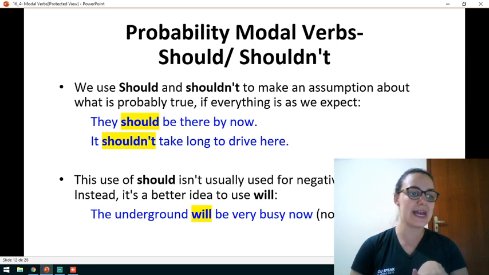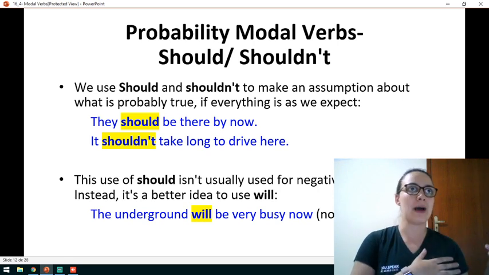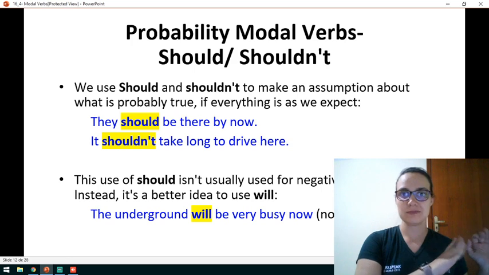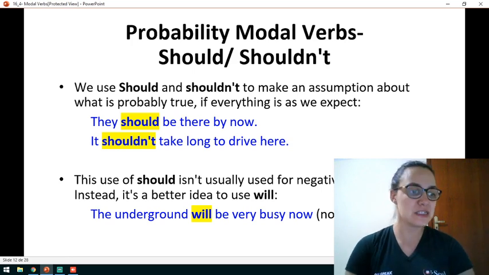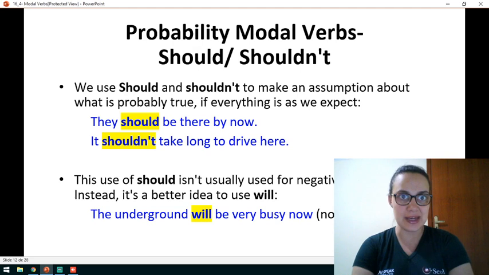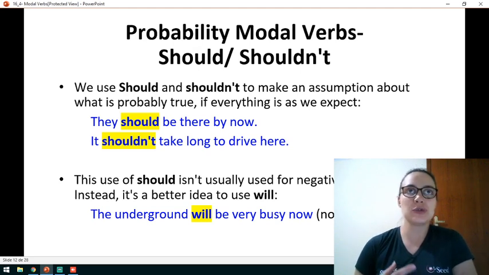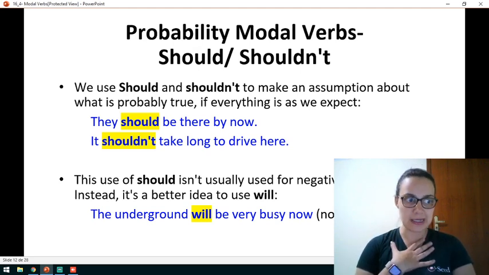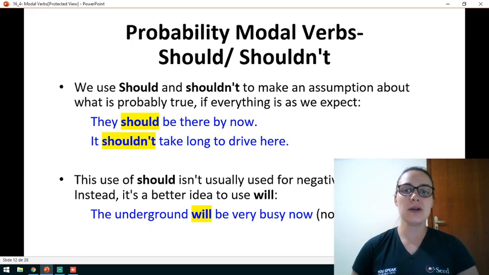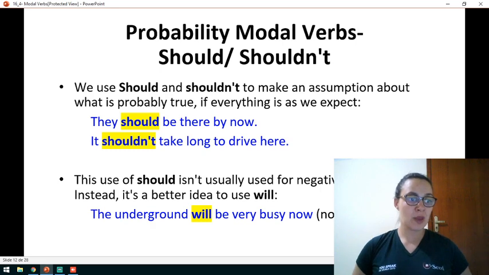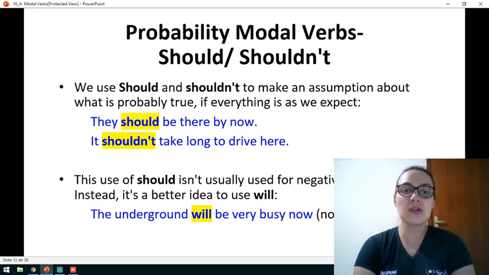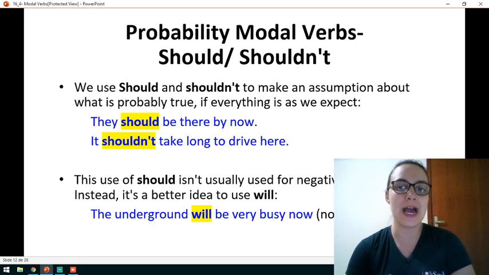Or I can say, I think it might rain tomorrow. But yes, you're correct. You can use I think when you really want to emphasize your opinion with may or might. Good. And you can use it with other modal verbs too. For example, here we have should.